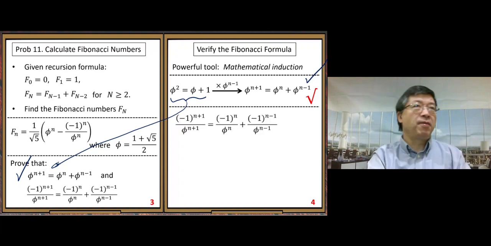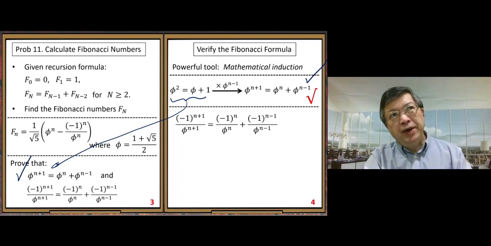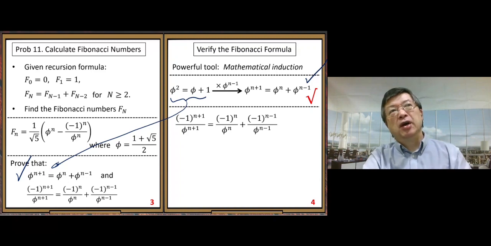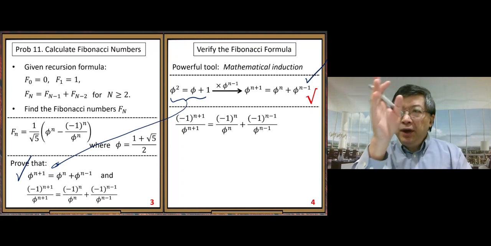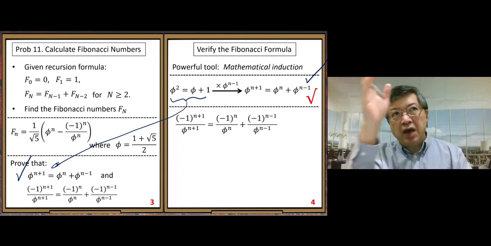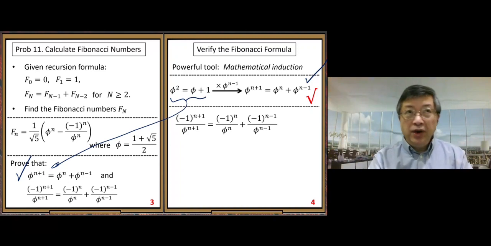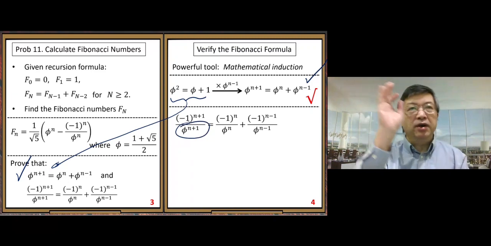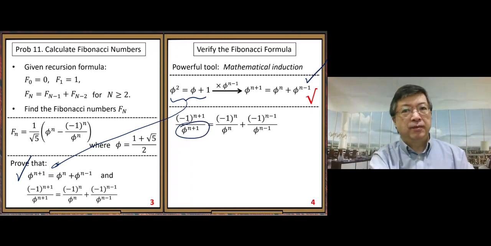So let's work on it. With denominators, we know that denominators could cause a complexity problem. So we want to remove denominators by multiplying by the common denominator of all the fractions. What is the common denominator of all the fractions? Phi to the n plus 1. That's the common denominator of the three fractions.